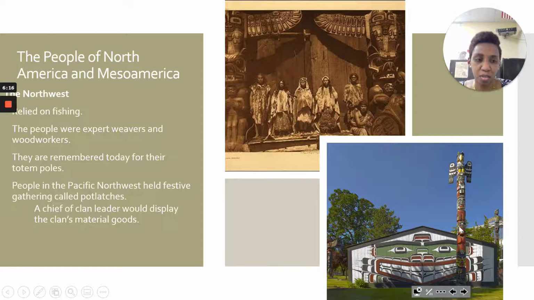Most totem poles, as you see here, very much represent nature, and that is key for a lot of our North American Native American cultures. So they have something similar to our African empires in terms of their religion. If you remember what that word is, put it in Edpuzzle.